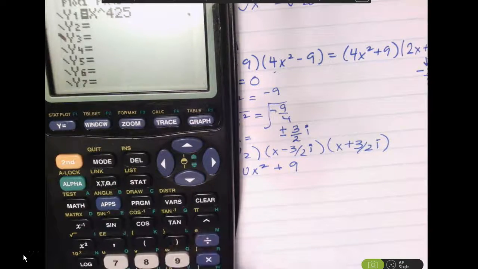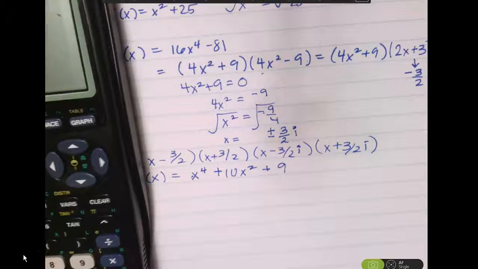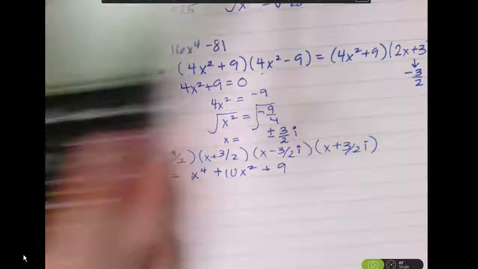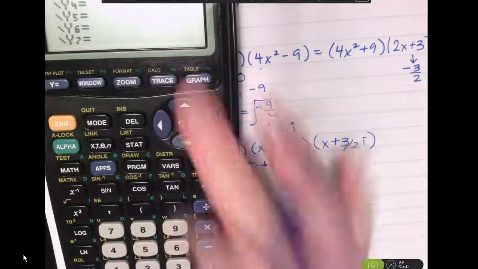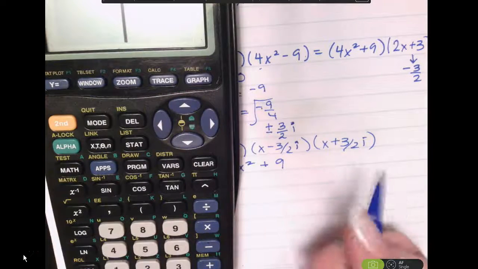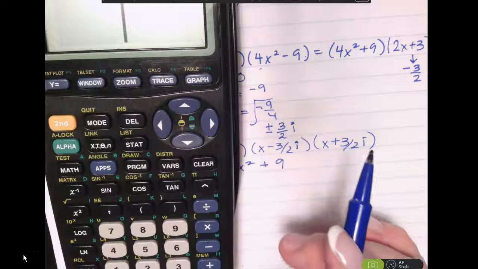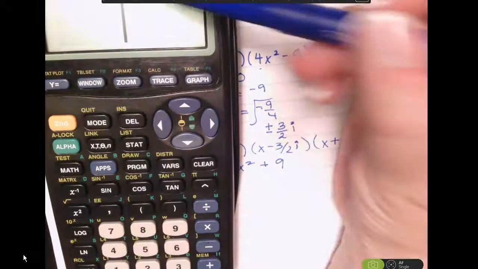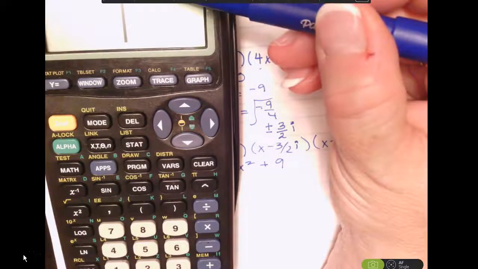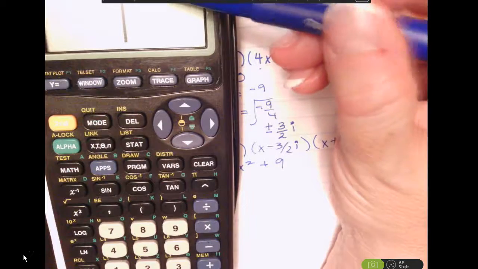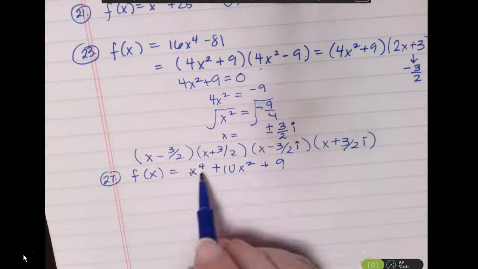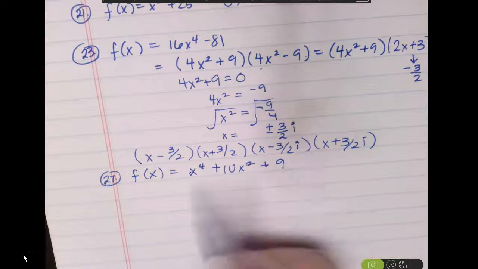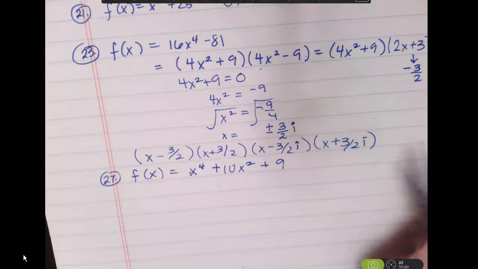X to the fourth plus 10x squared plus 9. And that way, if I look at the graph, so my graph is up here, it never touches the axes. So since it's a fourth and a squared, it follows the same patterns as factoring a trinomial.